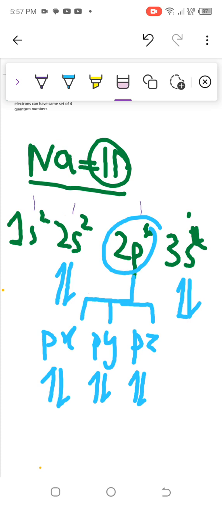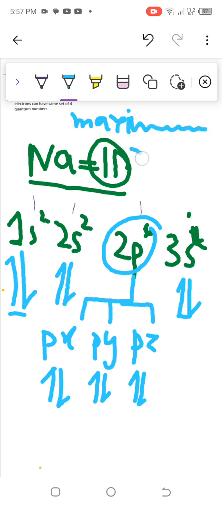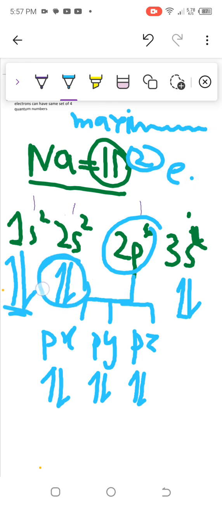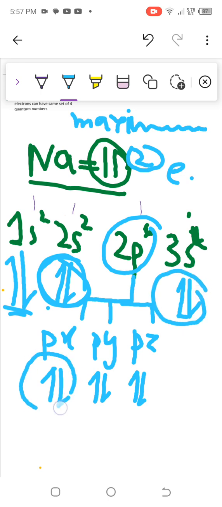We only put the 1. Fine. But here to complete this we will give 2, because maximum we have 2 electrons. So 4, again 2, 5, 6, 7, 8, 9, 10, 11.